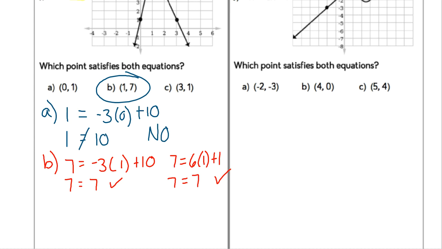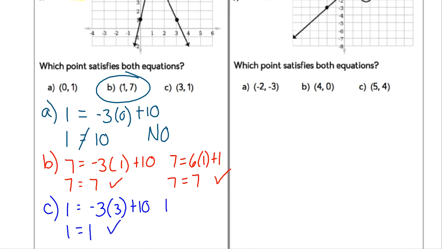And just to make sure we're on the right track, I'll double check it in C. In C, I would plug in 1 equals negative 3 times 3 plus 10. So that would be 1 equals 1. So that does work in the first equation.